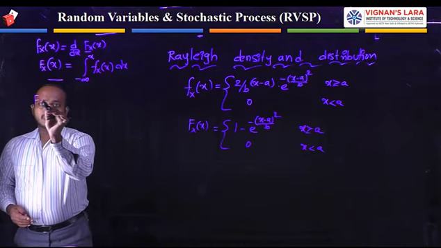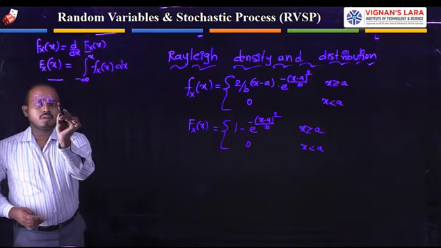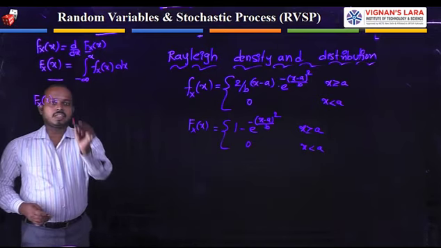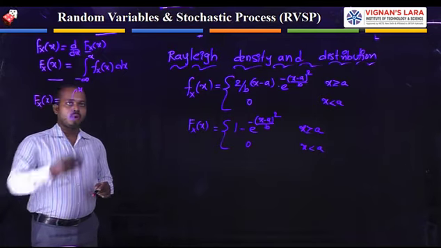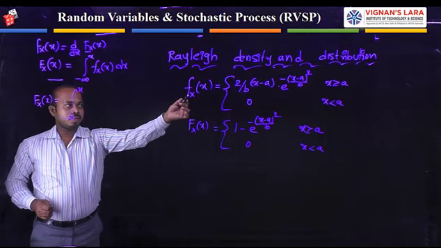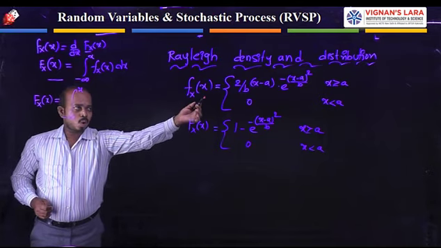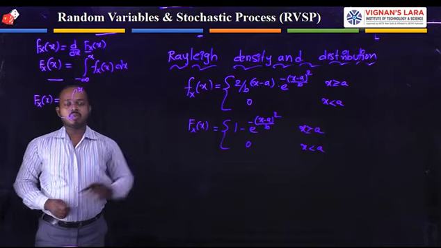Now the distribution function is F x of x equal to the integral from minus infinity to x. Substituting the density function, 2 by b into x minus a into e power minus (x minus a) whole square by b, where x is greater than or equal to small a.